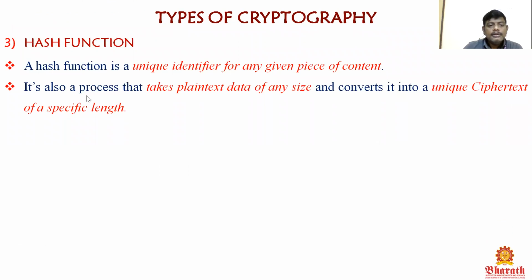It's also a process that takes plain text data of any size, whatever size of input you have given for communication, and converts it into unique cipher text of a specific length. Whatever size of input you have given, the hash function converts your input data into a fixed, particular size output.